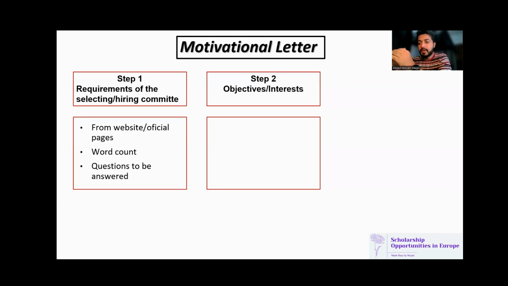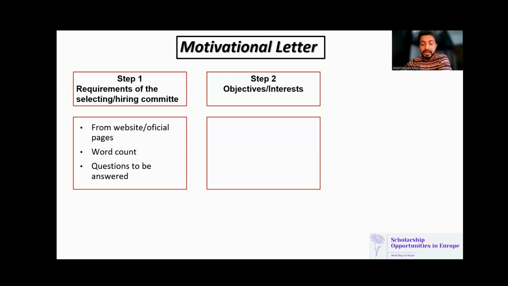Okay, so step number two is objectives. Sometimes the selecting committee or organization wants candidates who have some knowledge in a particular area. Or suppose they have research projects going on and they are looking for a candidate with experience in programming, presentation skills, designing hardware, and so on. So you have to find those particular objectives the selecting committee is looking for from their website and official pages, and align those research objectives or skills with your career.